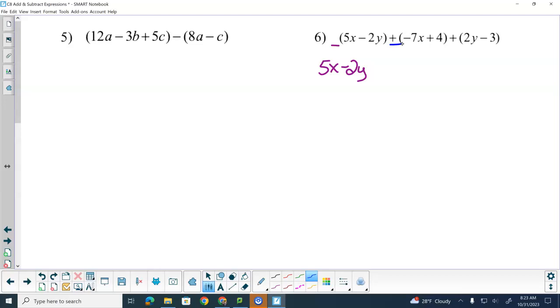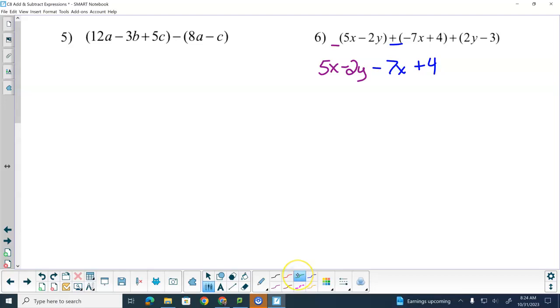So does anything change? If we're multiplying by positive 1, does anything change? No. When we multiply by positive 1, nothing changes. So this would become minus 7x plus 4.